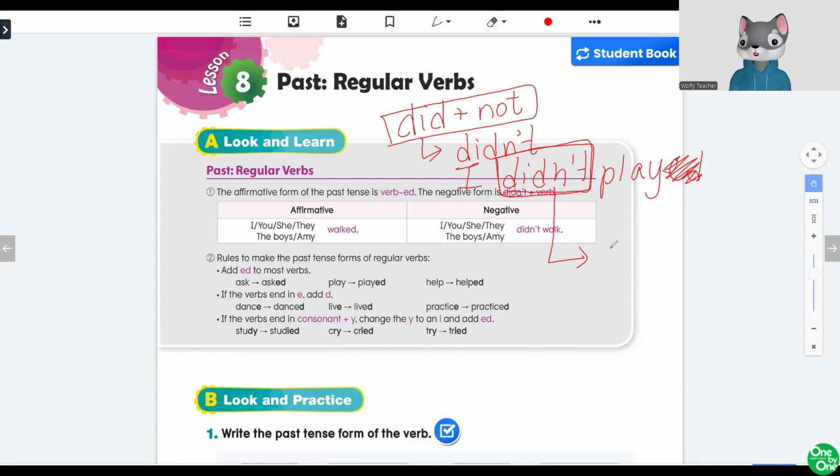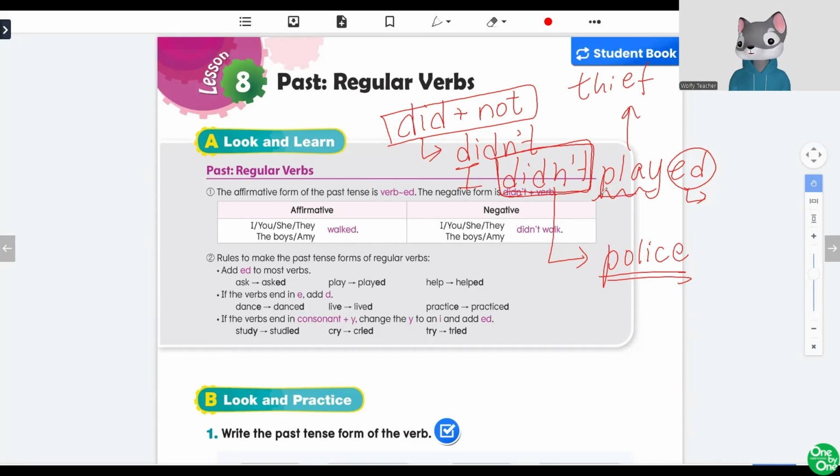Think of didn't as the police, and think of play as a burglar, a thief. The thief came in with an ed, which is the valuables, things that are very, very precious.